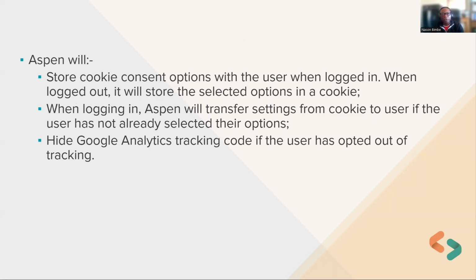Aspen will store the cookie consent options with the user when logged in. When logged out, it will store the selected options in a cookie. When logging in, Aspen will transfer the settings from the cookie to the user if the user has not already got it. You can also hide Google Analytics tracking code if the user has opted out of tracking, which I'll show you where.